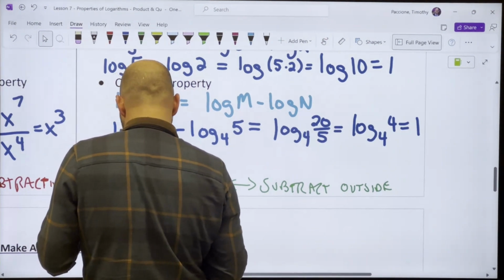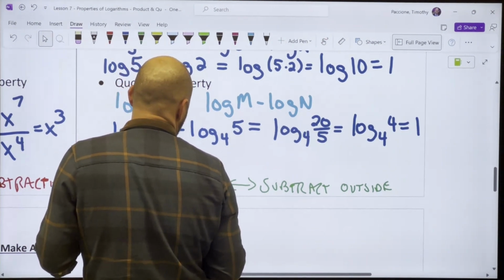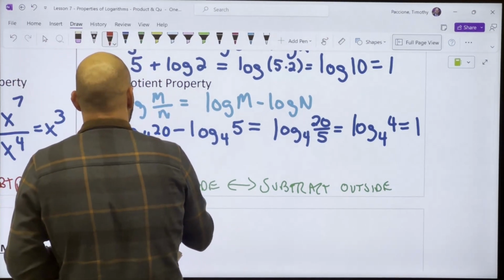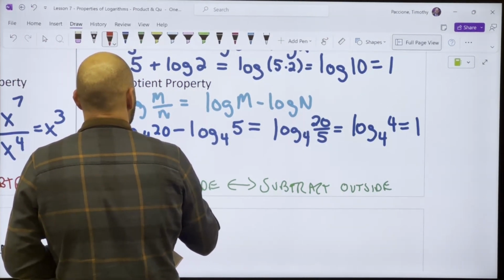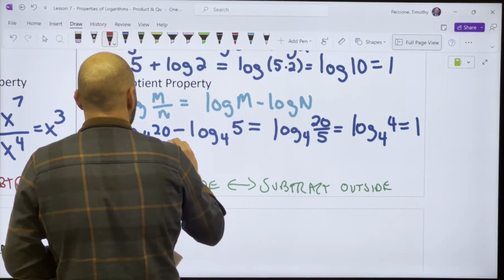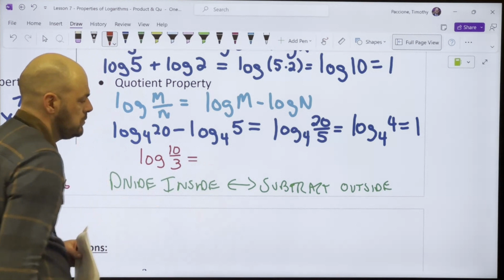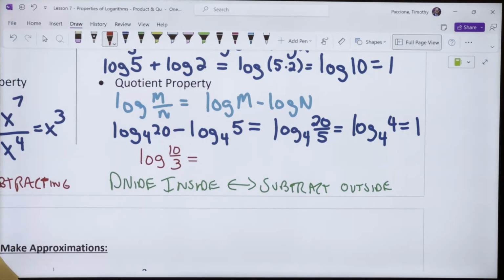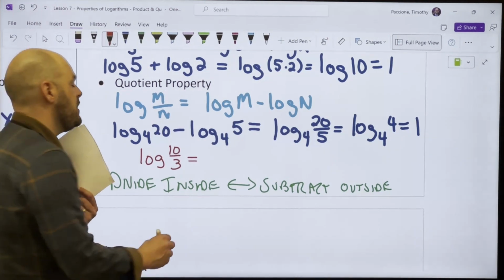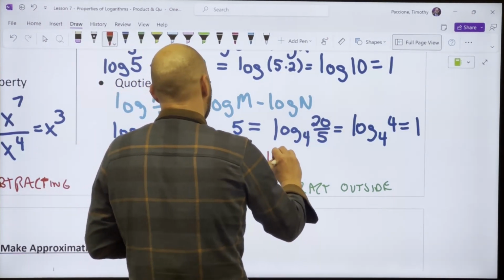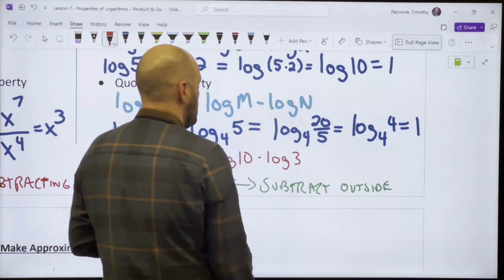Let's see. If I had log of, I don't know, 10 over 3. I don't know 10 over 3, but I know that if I'm dividing on the inside, I subtract on the outside, so I would go log of 10 minus log of 3.